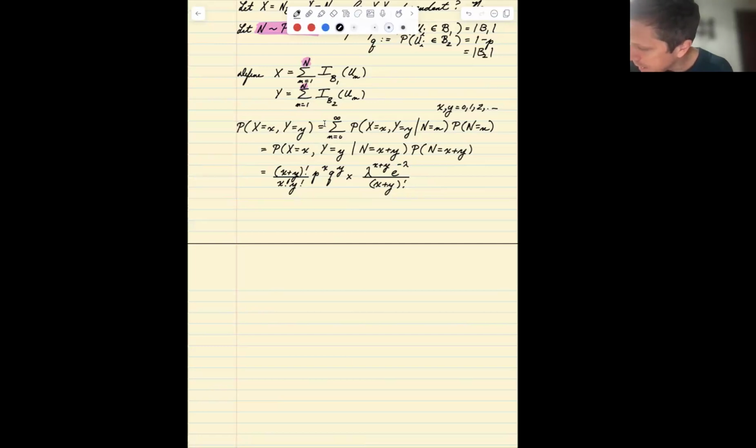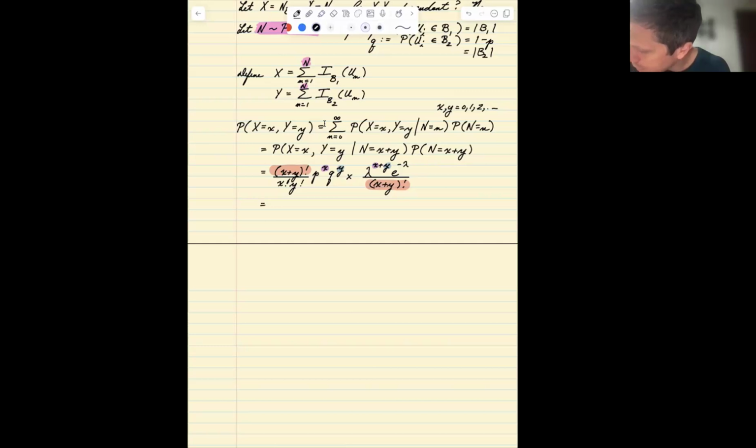The x plus y factorial cancels with the x plus y factorial in the denominator. We see that p to the x can join up with a lambda to the x, and q to the y can join up with a lambda to the y.